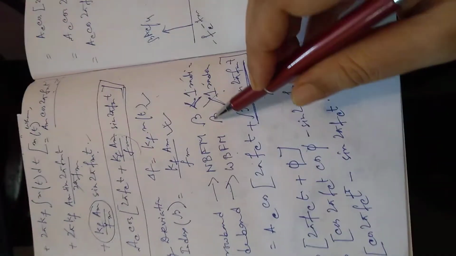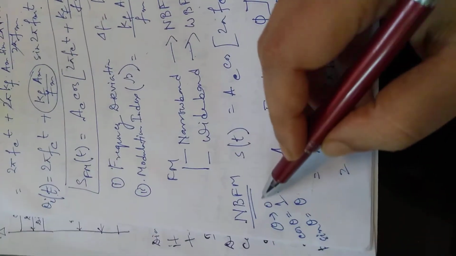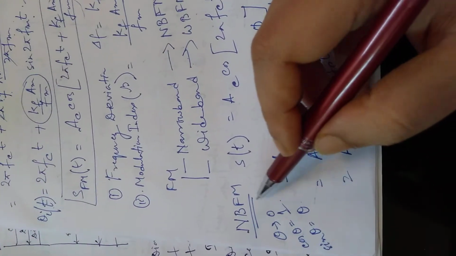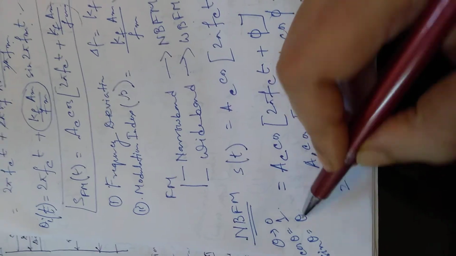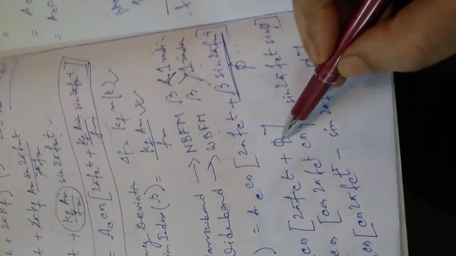So as I told you, NBFM needs to be less than 1 radian. So theta tends to 0, cos theta equals 1, sin theta equals theta. So that will give me Ac cos of 2 pi fc t plus phi.